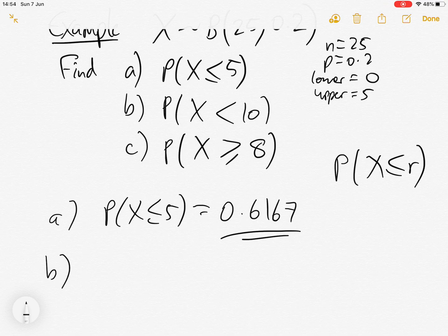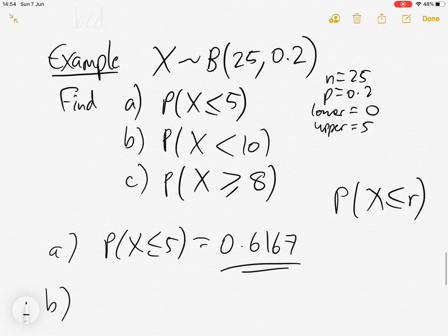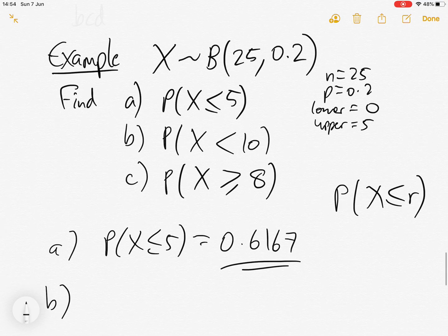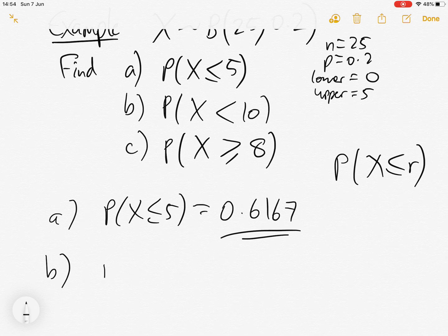But obviously it's often quicker to use your calculator, especially if the thing you have to find, like in part B and C, isn't of the form probability x is less than or equal to r. So B is to find probability x is less than 10. Well, firstly, note that if x is less than 10, x can't be a decimal, x can only be a whole number.